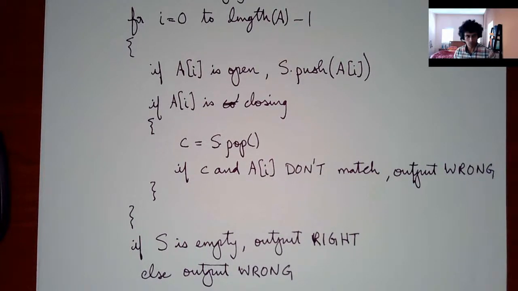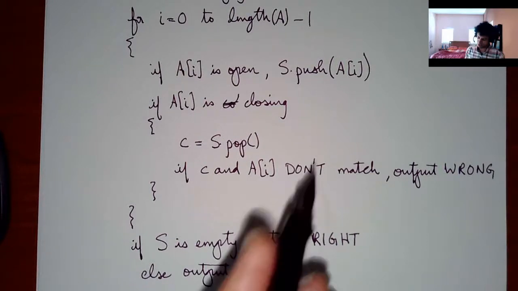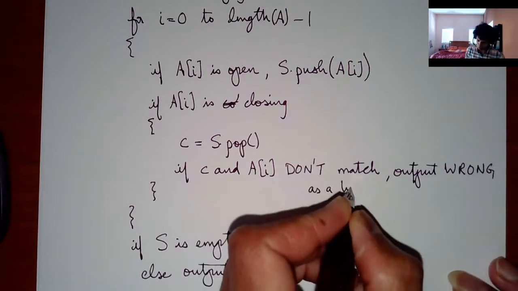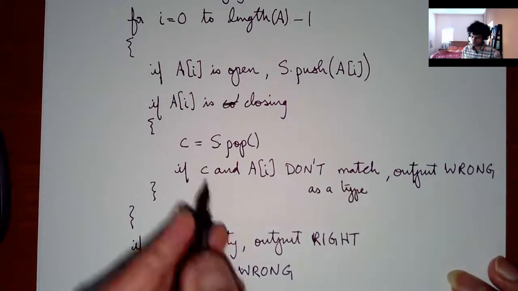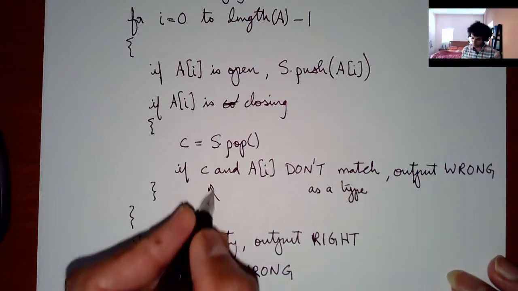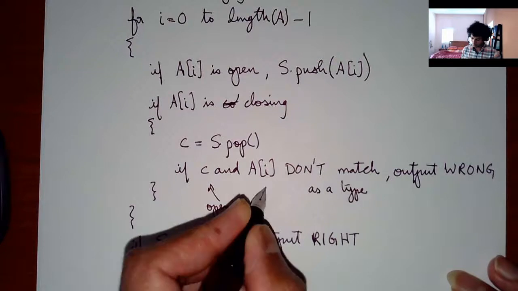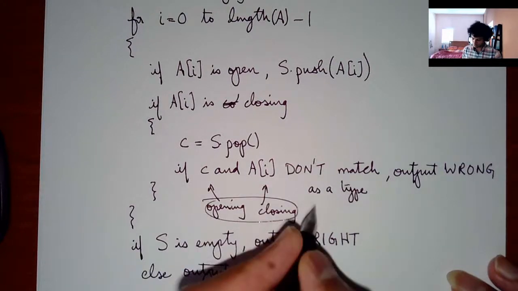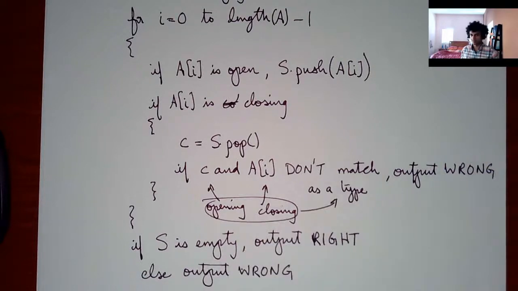Go ahead. Correct, yeah, whether they match as a type, you're right. So I should say that they don't match as a type. So C should be opening, and this should be closing, both of the same type. Right? So that's what's going on.